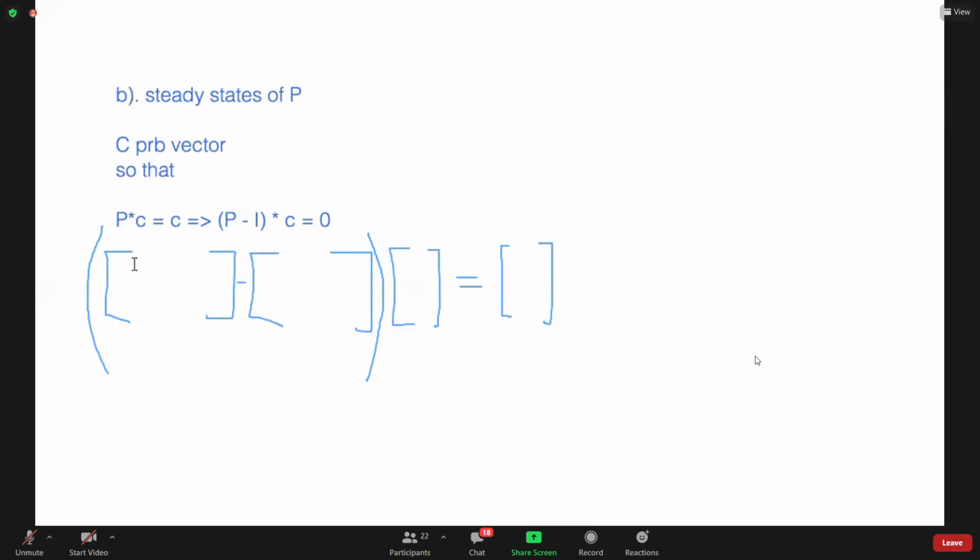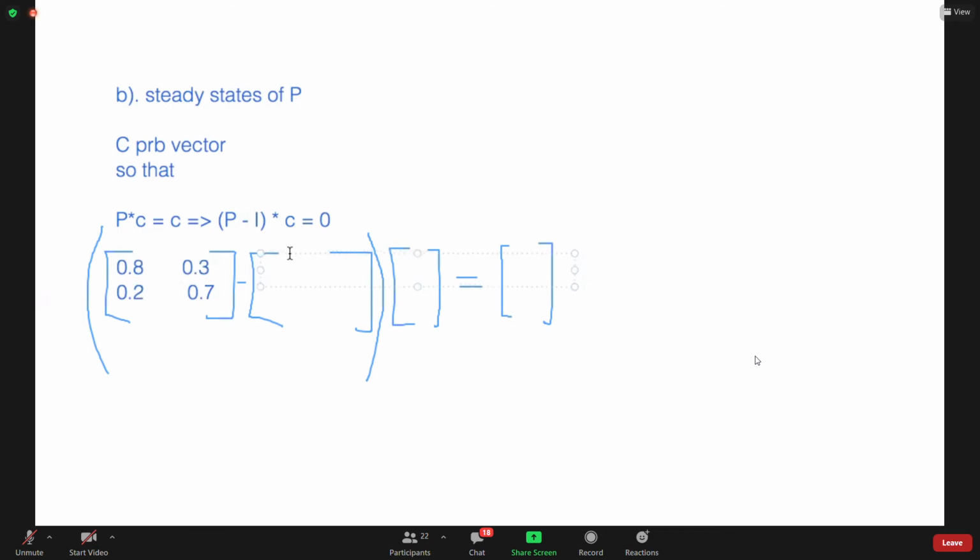Okay, so my initial transition matrix remains the same, so that would be 0.8 and 0.3, 0.3 and 0.2, 0.7. This is my transition matrix.